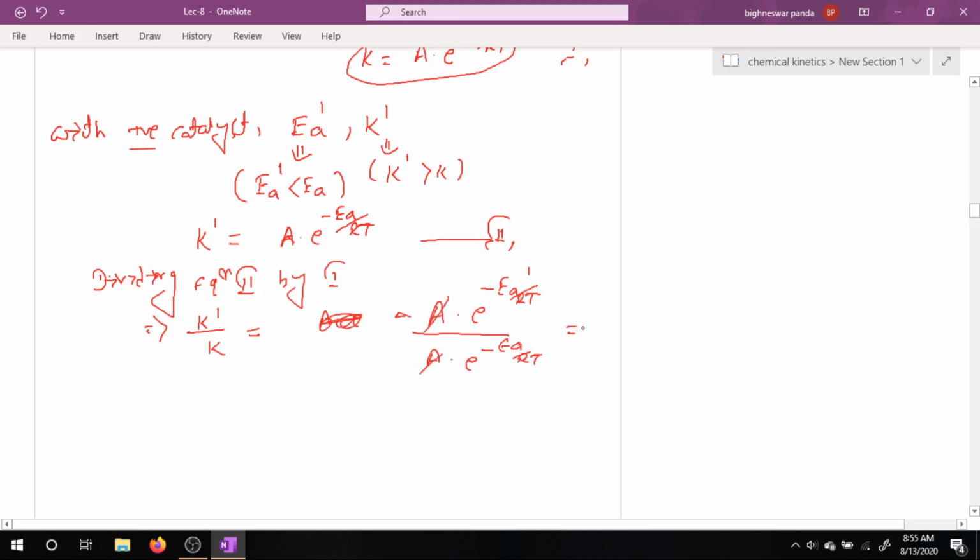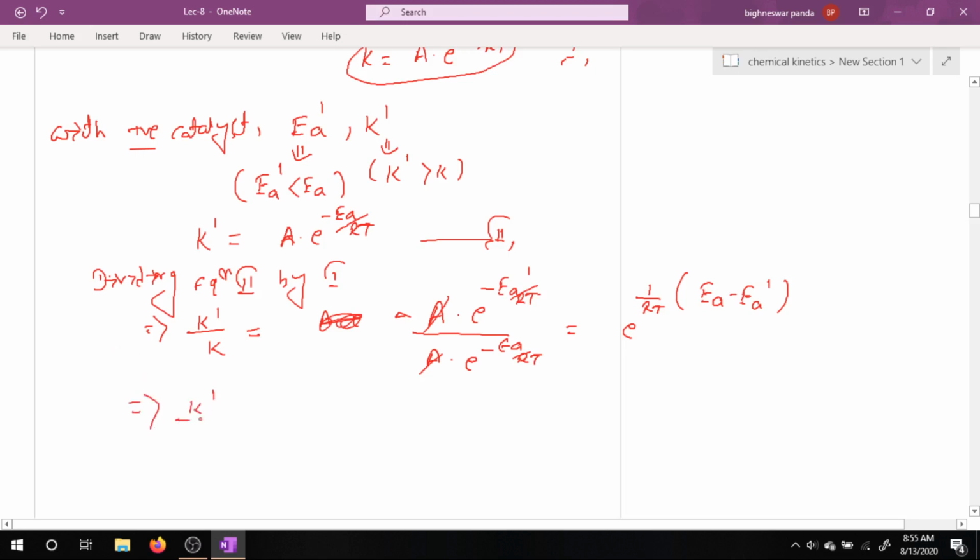I can write here e to the power 1 by RT [Ea minus Ea dash], since minus Ea by RT is taken above, so it will be plus Ea by RT. If I take common 1 by RT, then it will be Ea minus Ea dash.